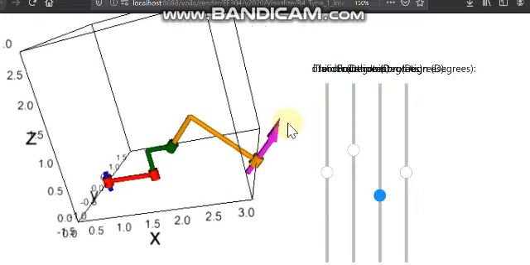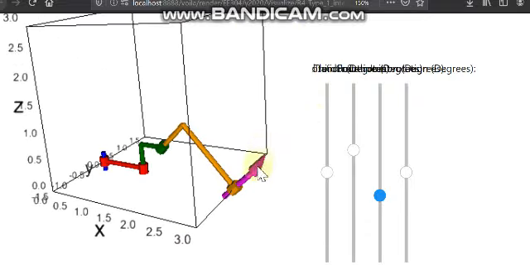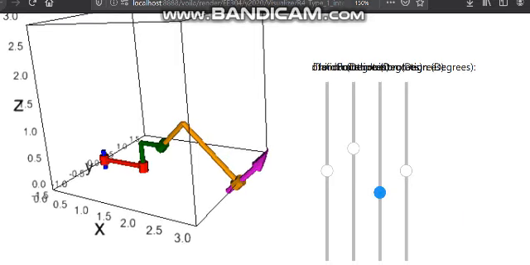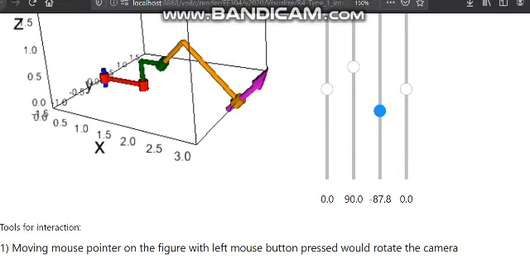Now let us focus on the velocity of O4 as theta 3 is changed. Of course, we have to make very small changes in theta 3 about its reference configuration.